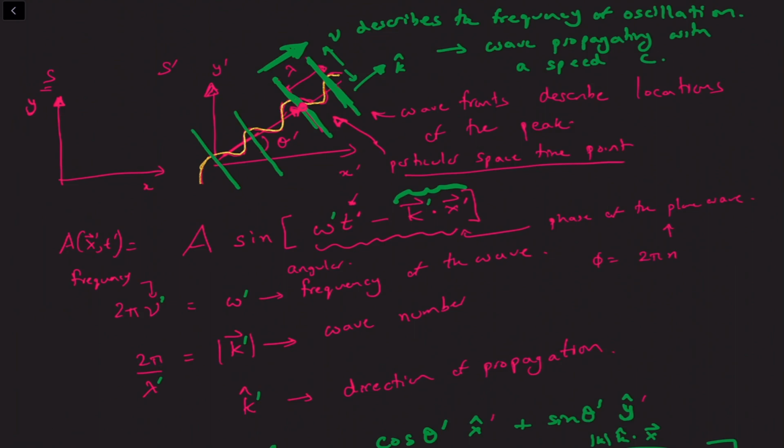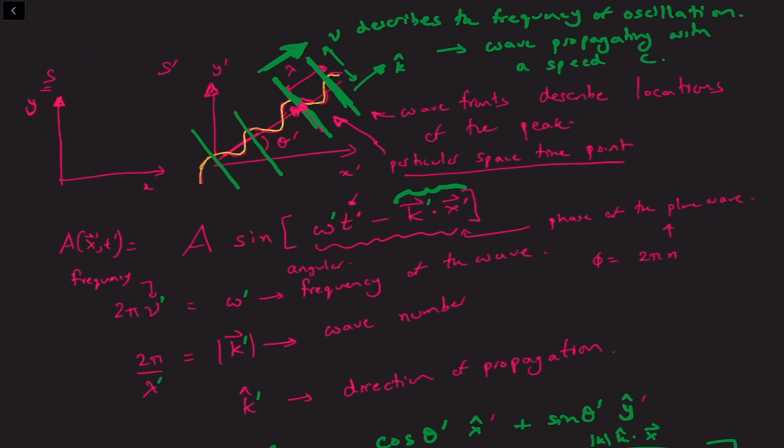But they must agree on the phase of the wave at that particular space-time point. Now, why should that be true? Well, the phase of the wave is related to a physical property of the wave. It tells you whether there's an amplitude maximum or a minimum. And that amplitude maximum could, let's say, trigger some other reaction.